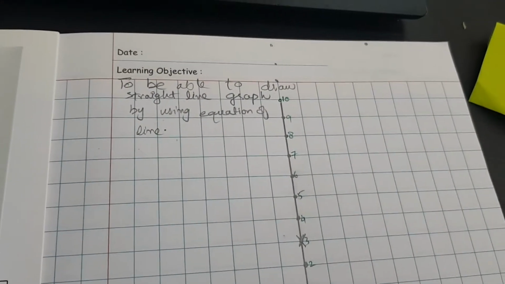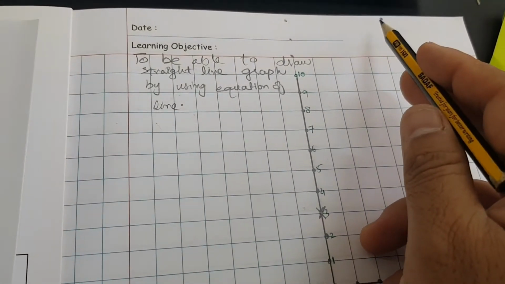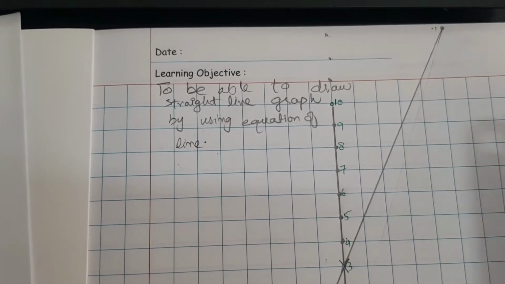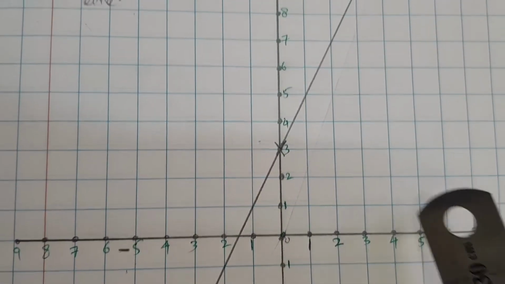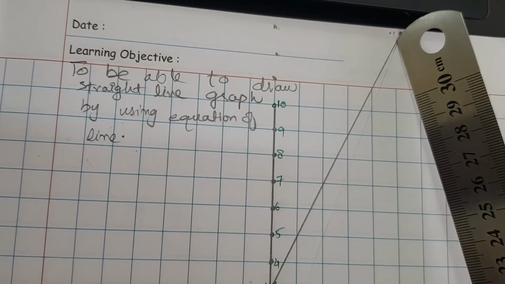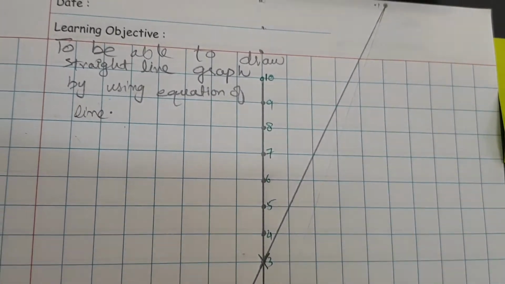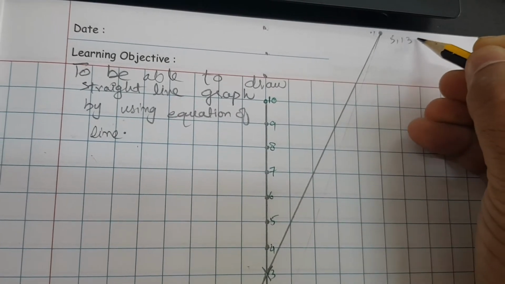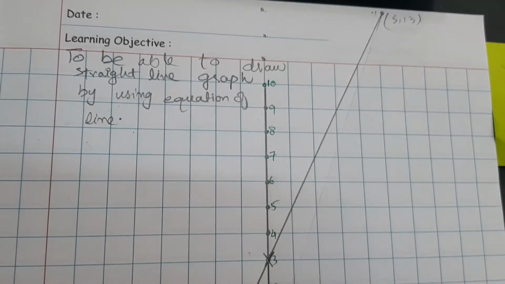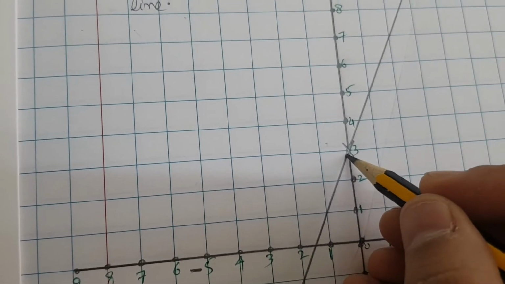I have to join these points together. I connected all three points together in one go with the ruler. So I got a straight line graph with the three coordinate points which I generated by using my equation of a line. This is 5 and 13, x is 5, y is 13. This one, x is 0 and y is 3.